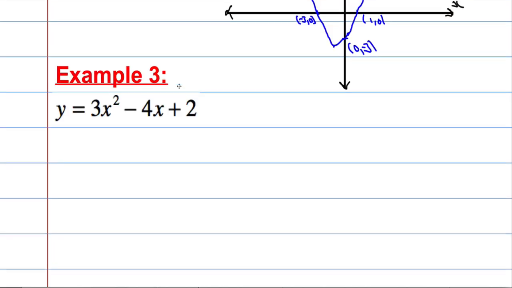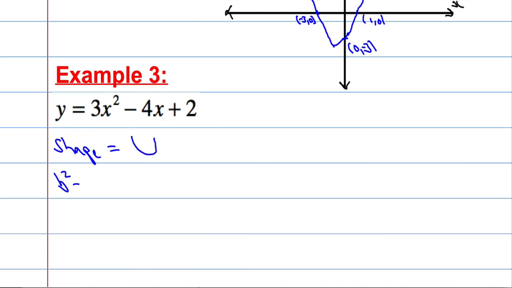Right, first of all, let's consider the shape of the graph. The shape is a U shape because this is positive.